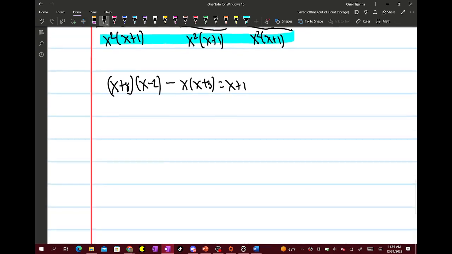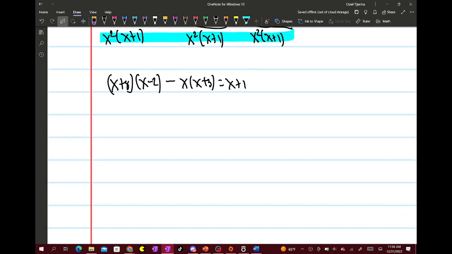So then what you have to do here is just FOIL and simplify the left side and then make it equal to the right side and solve for x, right? So we have x squared, so this is x squared. It's going to be minus 2x plus 8x minus 16, right?